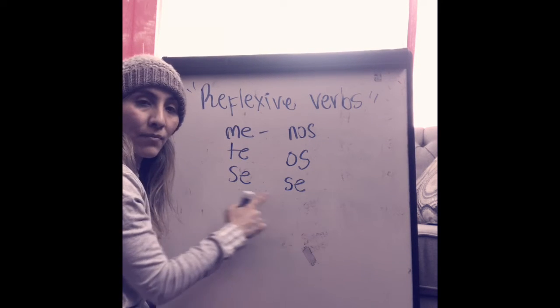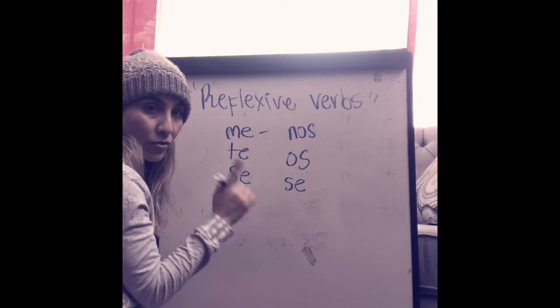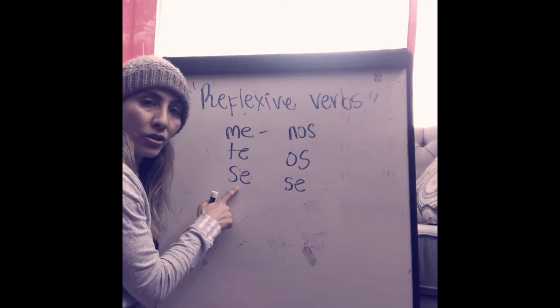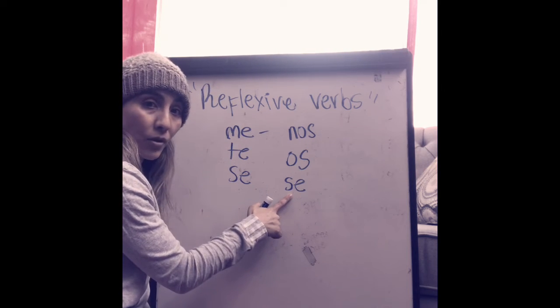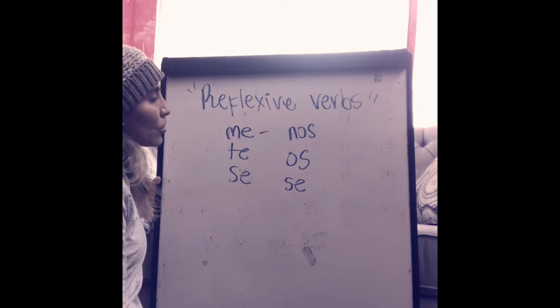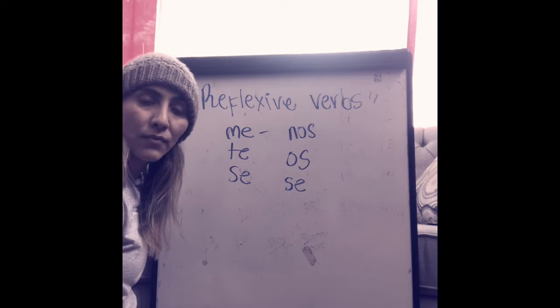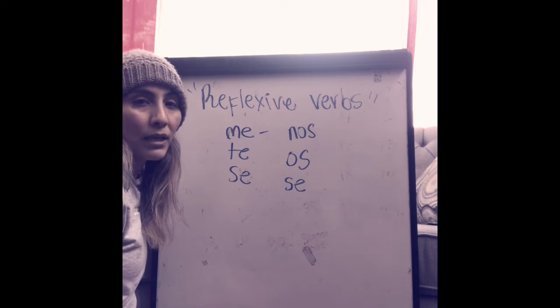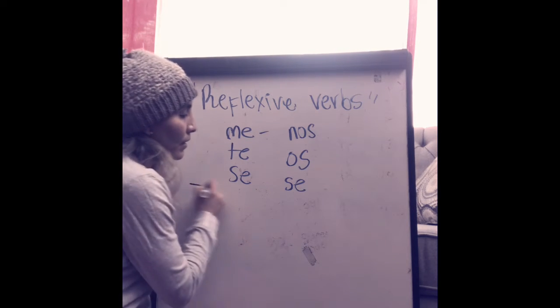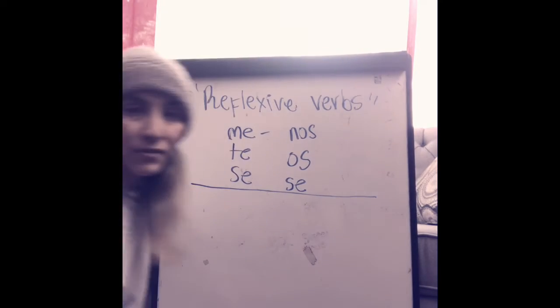Even though they look the same, they mean different, so watch out for that. Himself, herself, themselves, or yourselves. You always need to use these reflexive pronouns when you are conjugating a reflexive verb.